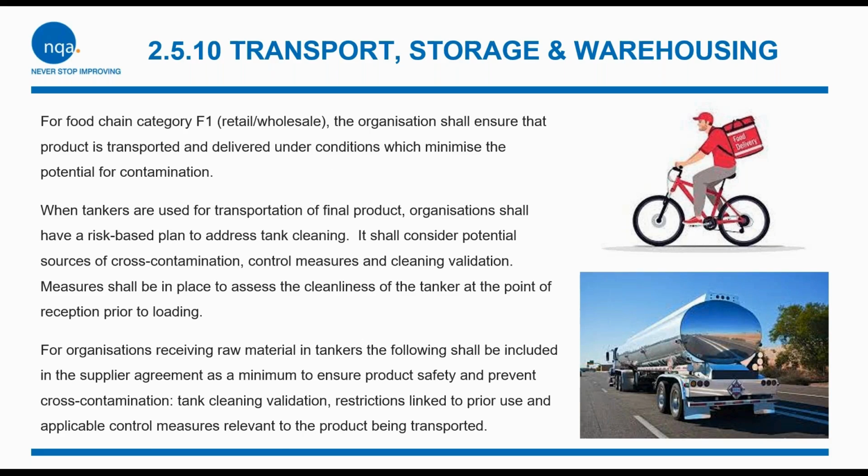Transport, storage and warehousing, requirement 2510. For food chain category F1, retail and wholesale, the organisation shall ensure that product is transported and delivered under conditions which minimise the potential for contamination.